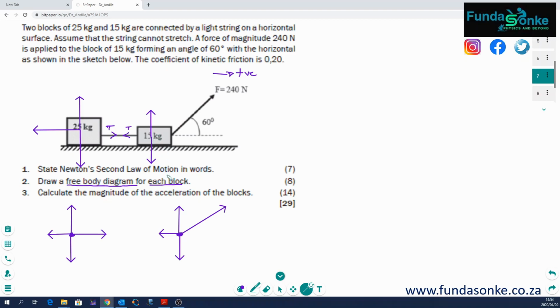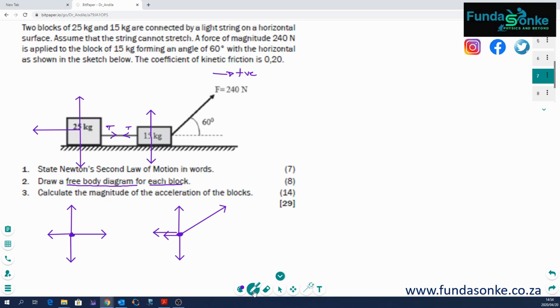So we need to also draw an additional arrow, which will represent that frictional force acting on the 15 kg mass. So then we're going to have another force, in this case, your frictional force.